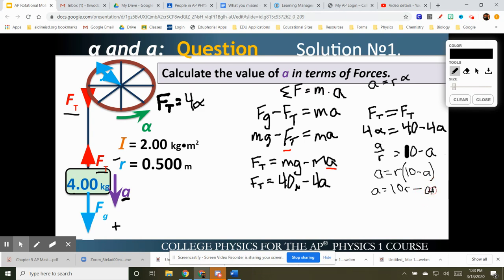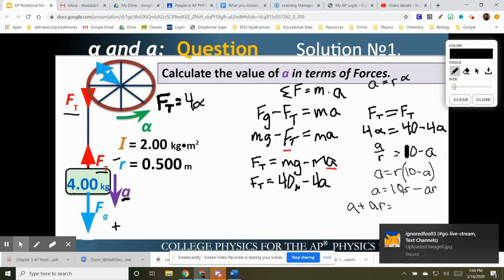Okay, so then A minus, or plus, AR equals 10R.